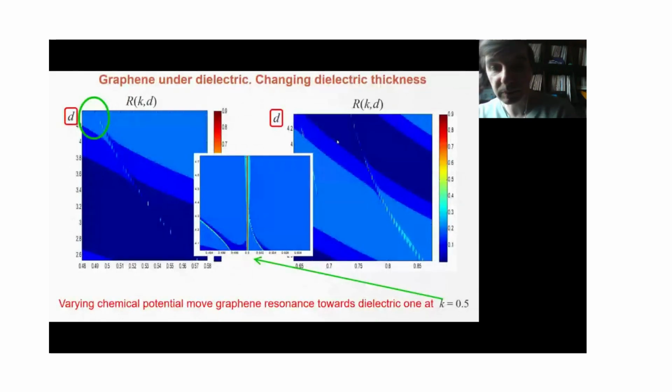And next we move to our main structure of interest, which is a graphene layer under the dielectric with periodic corrugation.